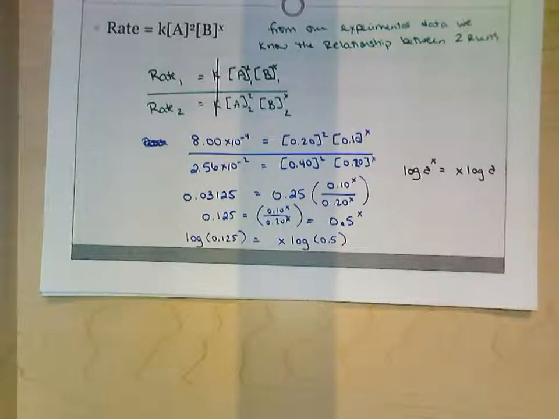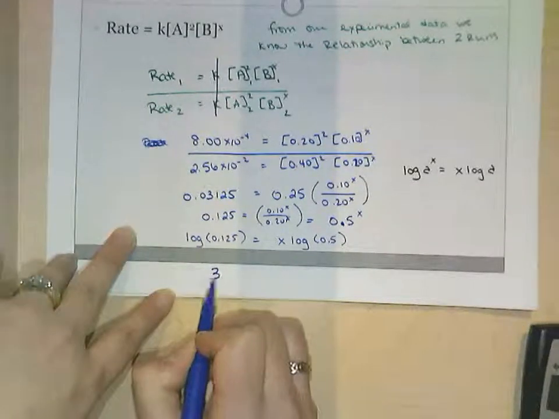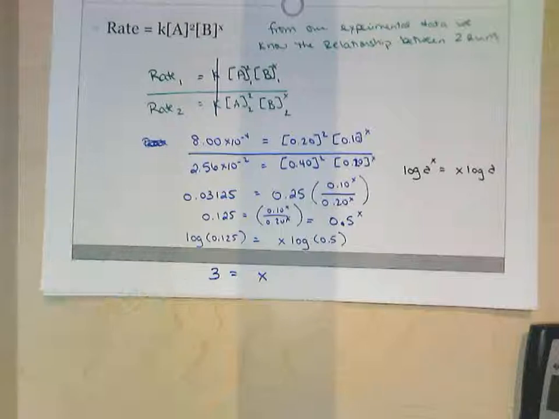Look how easy that was, straightforward, just plugging it in, doing some rearranging. Hopefully everybody's as excited as I am. We're getting close. All right, so now we can just go ahead and solve that. So log of 0.125 divided by log of 0.5. Everybody else get 3?